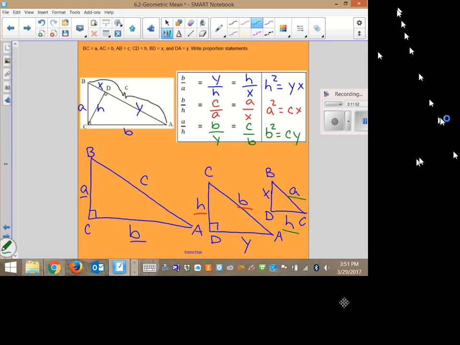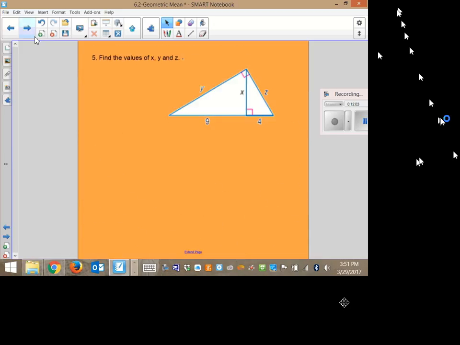Note where we got our three triangles from. So hit pause back there if you need a little more time, but we're going to move on to a problem here.